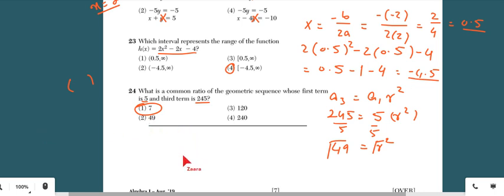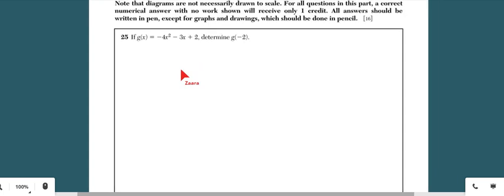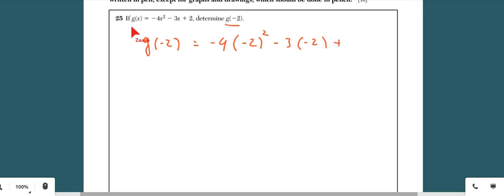Now we have to solve the next questions, which are going to be short questions. You are given g of x, and you have to determine what is g of negative 2. So you just replace x with negative 2. So negative 2x squared minus 3 into negative 2 plus 2.